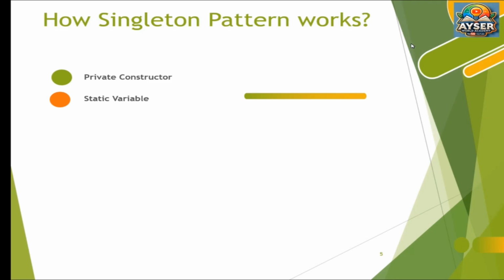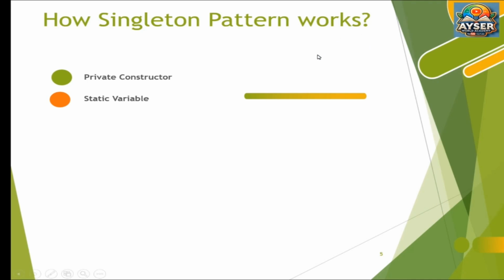Now, third point, we want to access this. As you are aware, we protected the constructor, so we are not able to create it. We have a static variable, and we can create an object and hold the instance in it. But now you need something to access this variable outside of the class and use it in your world.